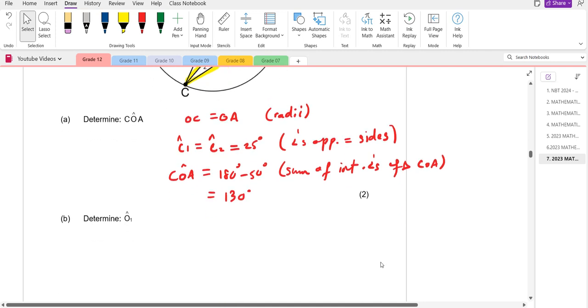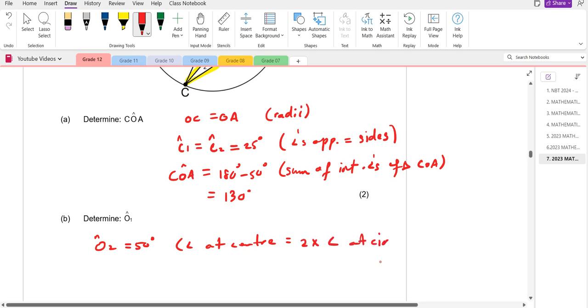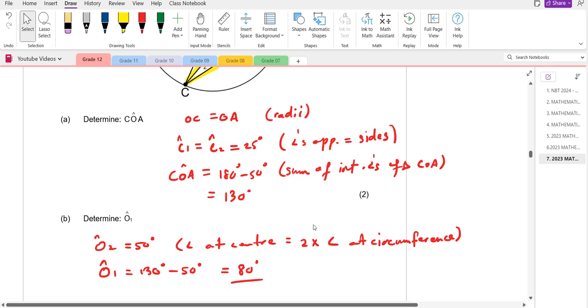Then angle O1 is equal to 130 minus 50, which is 80 degrees. I hope you guys understood that. Now let's move on to the next question.